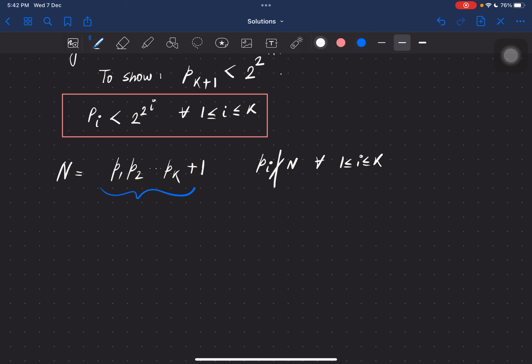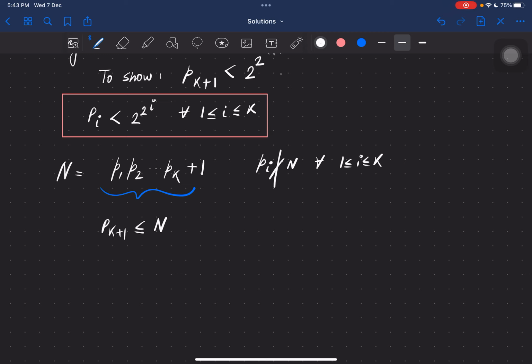So this is a number which is greater than each of the primes p1 p2 up to pk, right? But here you can say that this is a composite. So pk plus 1 is less than or equal to N, right? This is true because none of the pi's divides it. If it is prime, then it is at least pk plus 1.